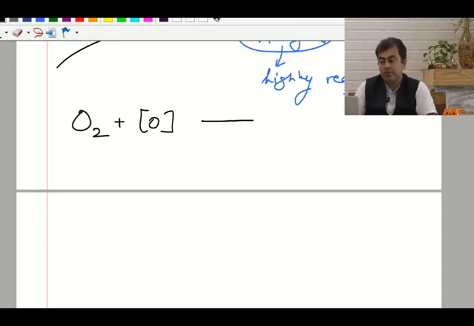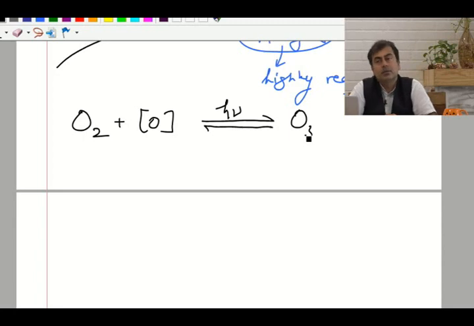Husband and wife, in the presence of sunlight, give birth to a very healthy offspring called ozone, which protects us from ultraviolet radiations. This child sacrifices itself when UV rays fall on it, and the mama and papa, husband and wife, they again give birth, and it keeps on fluctuating.